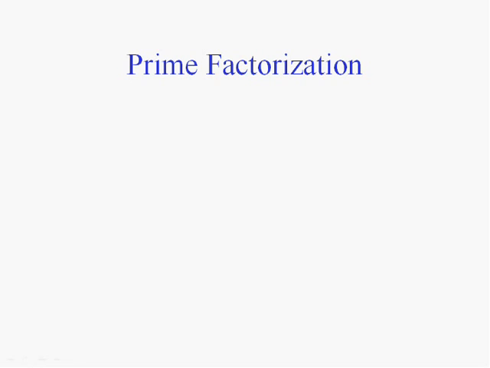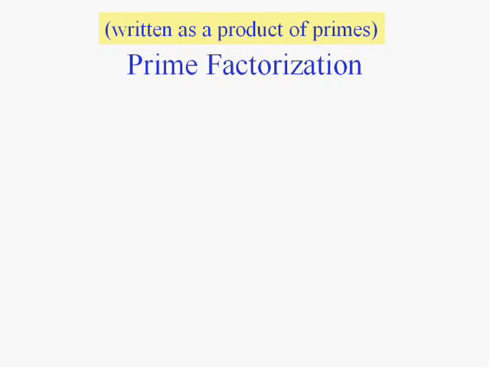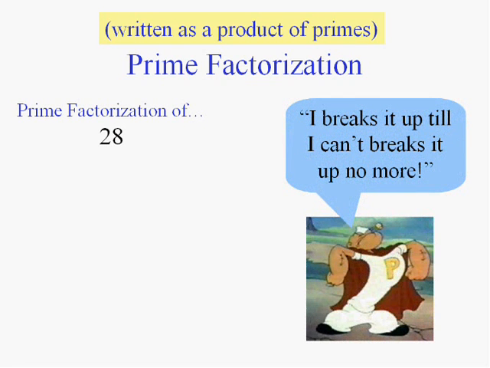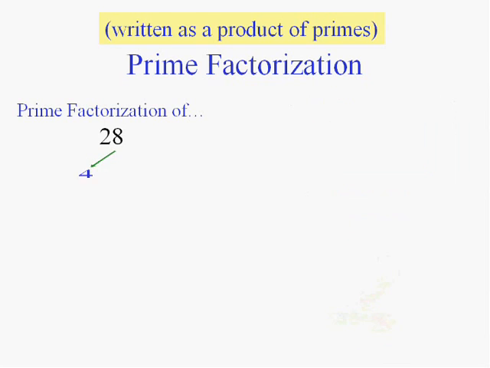Now consider the prime factorization of a composite number. In other words, break a number up until it can't be broken up anymore into all of its prime factors. The prime factorization of 28, I'm going to break it up into 4 and 7.